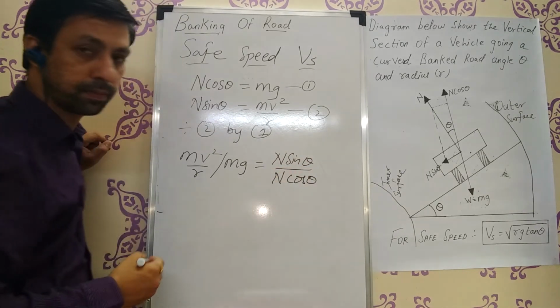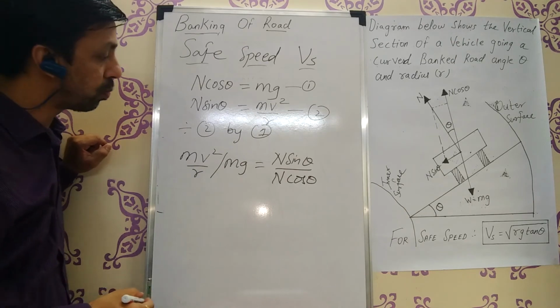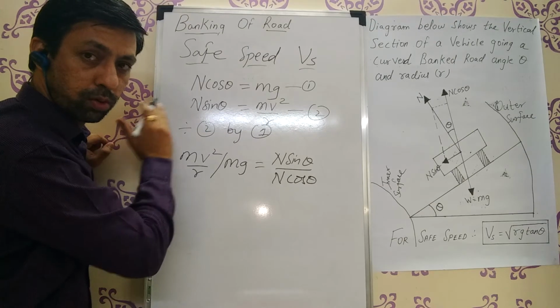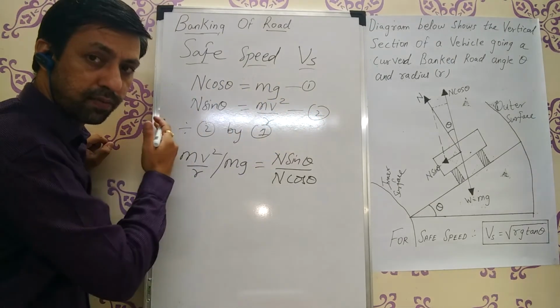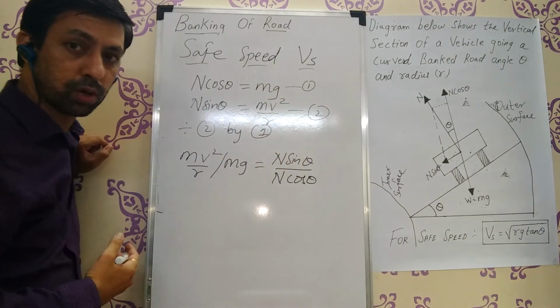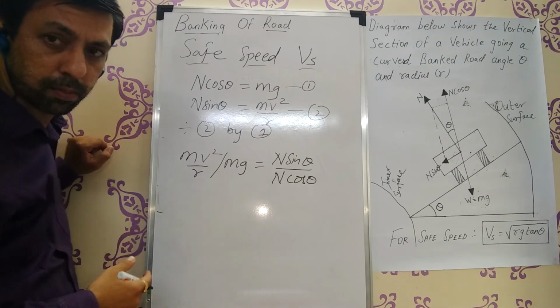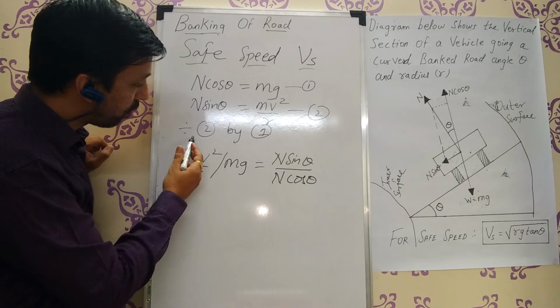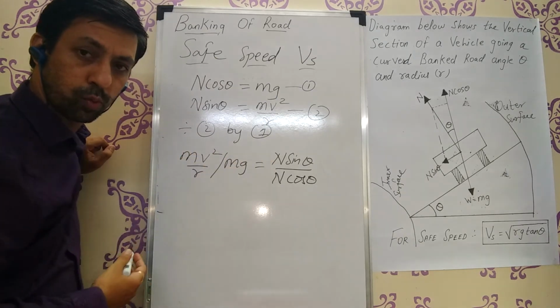I have just taken this part from the right hand side to the left hand side and vice versa. This is general mathematics, you have to understand this. So we have divided equation 2 by 1.